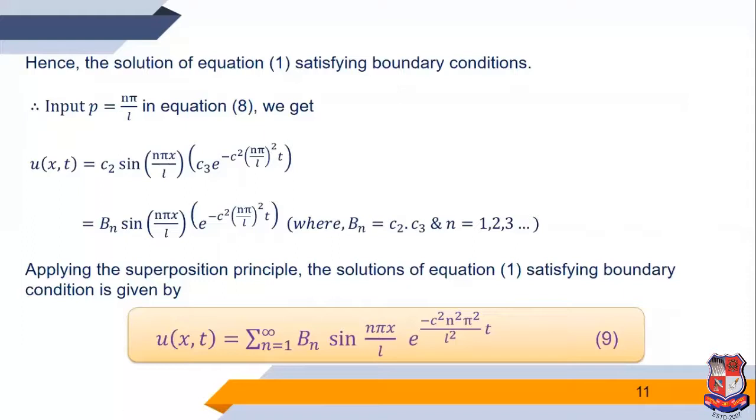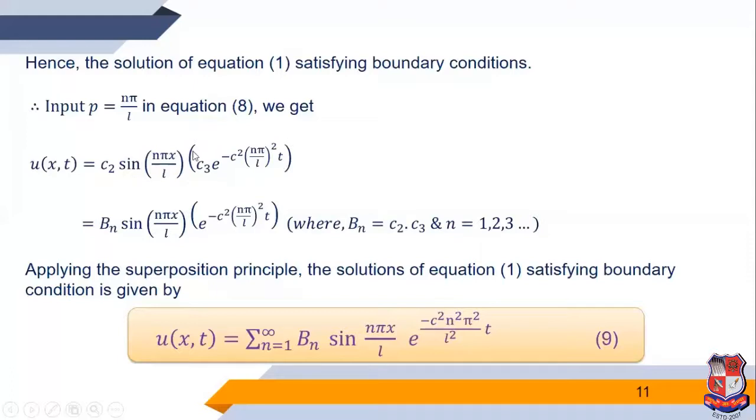So for the k less than 0 case, the solution u(x,t), which satisfies the boundary condition, is u(x,t) equal to c2 sin n pi x by L c3 e raised to minus c square n square pi square by L square into t.